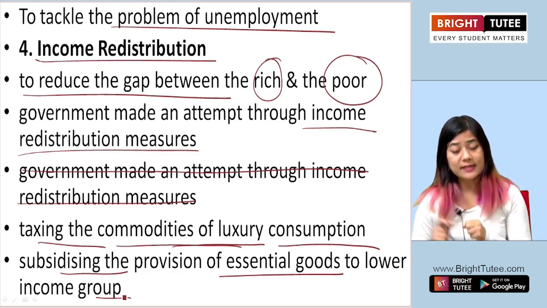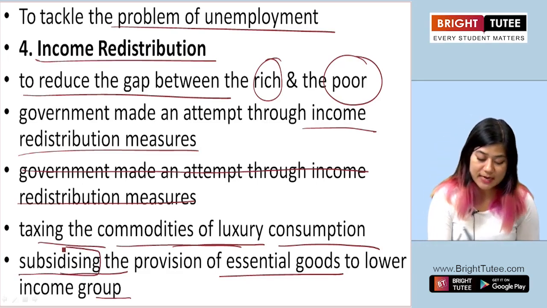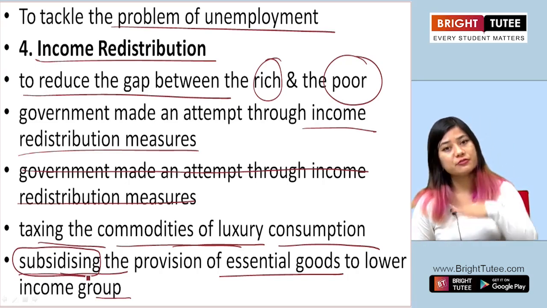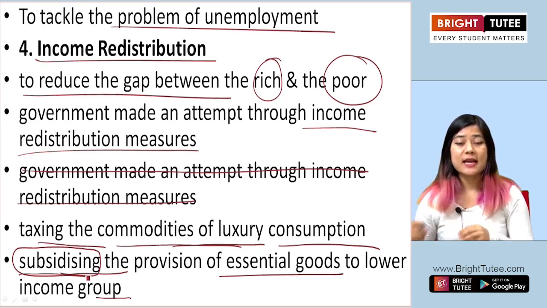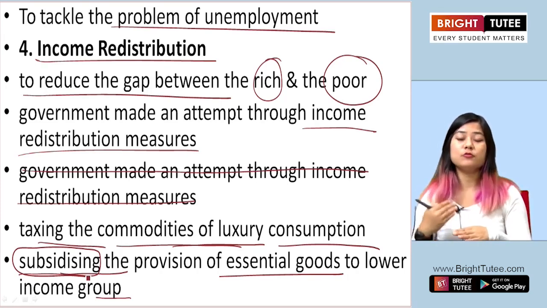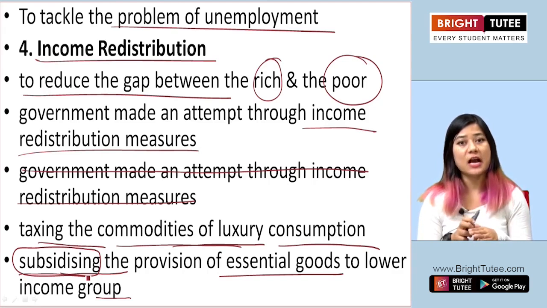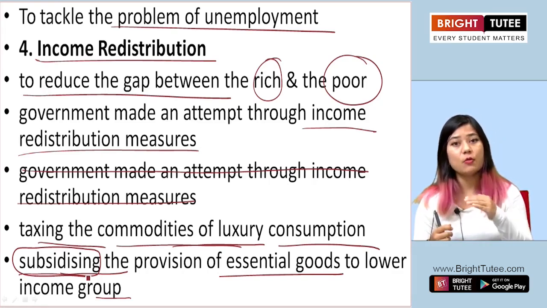So the government subsidizes the prices of the goods. That means the government reduces the prices of the goods at such a rate that the people who earlier could not afford to buy that particular thing at the price put for that article now can purchase it because the government has lowered the price.